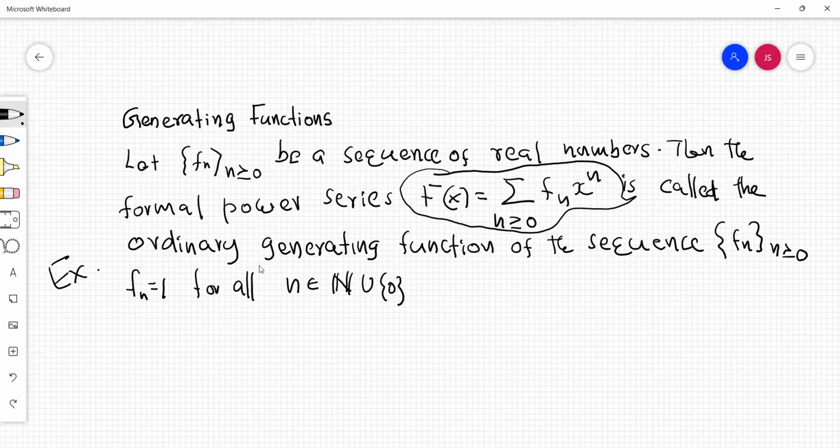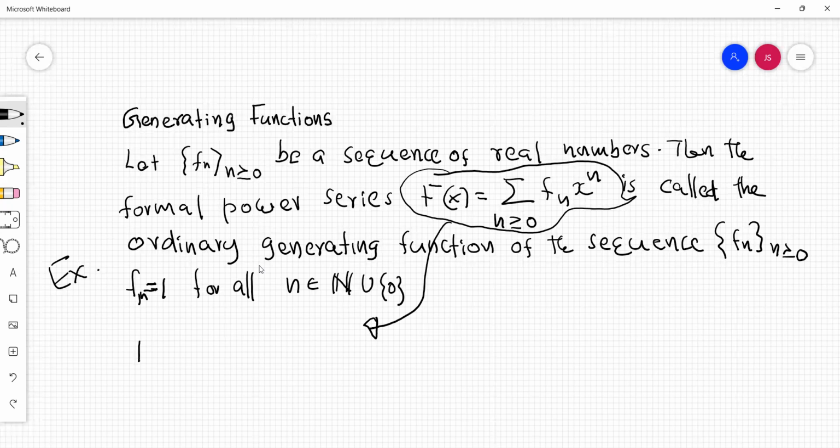So what is the associated generating function? What is the first term? When n equals 0, it is 1.